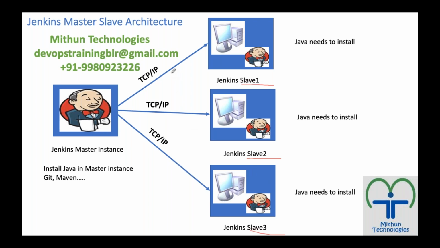Can I give the label name as slaves for all these 3 instances? Yes, you can. Duplicate instance names are not allowed, but you can give the same label name.